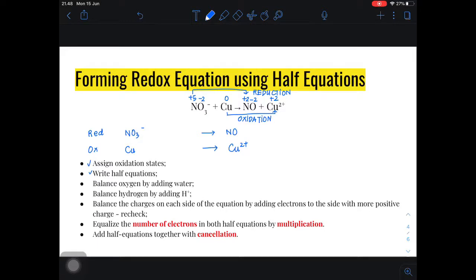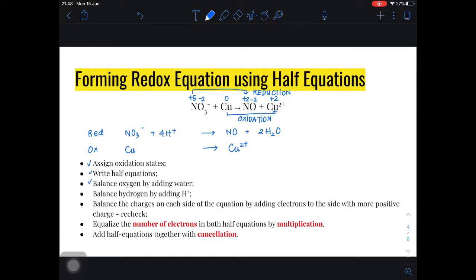So we're done with balancing the atoms other than hydrogen and oxygen. Now balance oxygen by adding water. We only need to add water at the top. We need to add 2 water and then balance hydrogen by adding H+. We have 4 hydrogen on the right for the reduction, so 4H+.